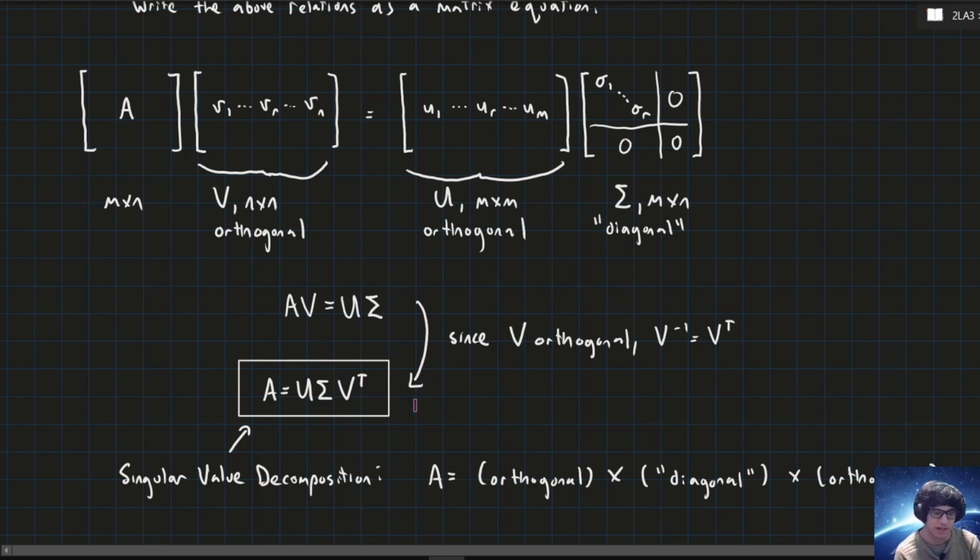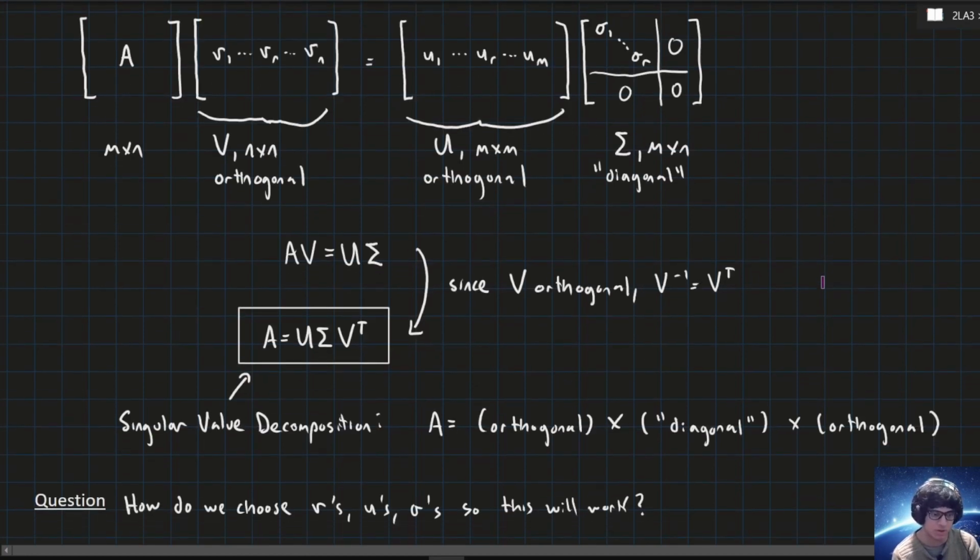And the U and the V, unless A is square, are going to be different sizes. The U is m by m, and the V is n by n. So it's a different sort of decomposition than diagonalization, but it has a lot of the same features.